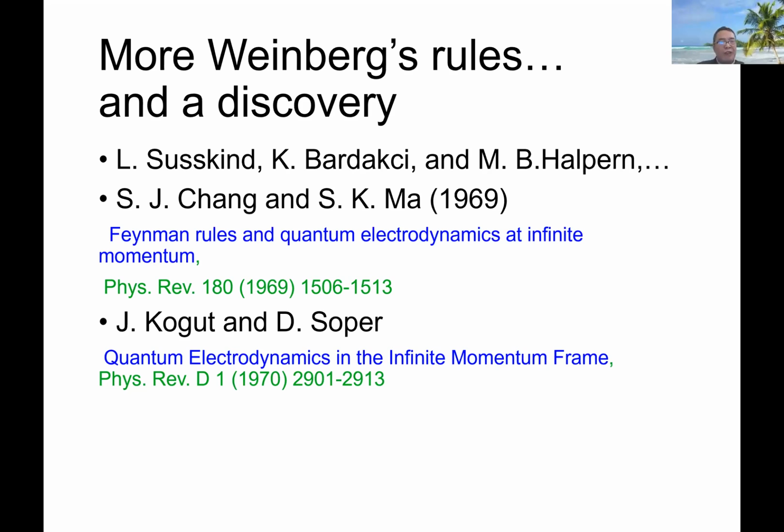But a crucial development happened in 1969, after Feynman proposed the Parton model, and particularly Chang and Ma studied how QED behaves in the infinite momentum frame, followed by Kogut and Soper. They studied essentially the same subject.